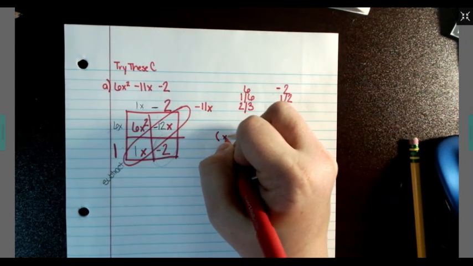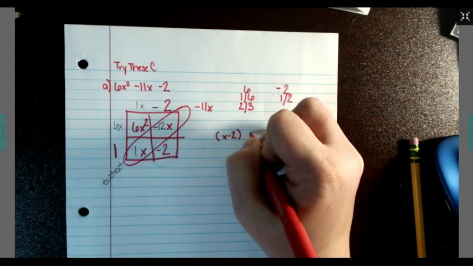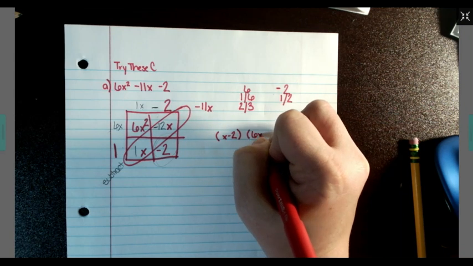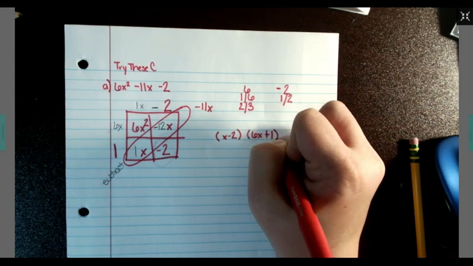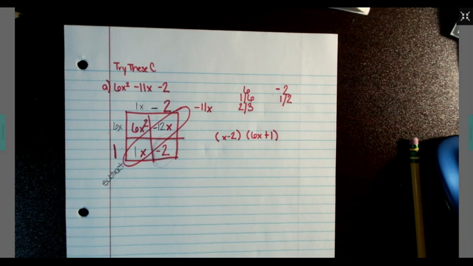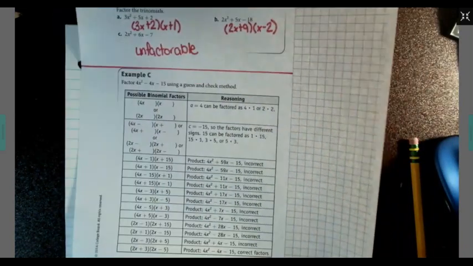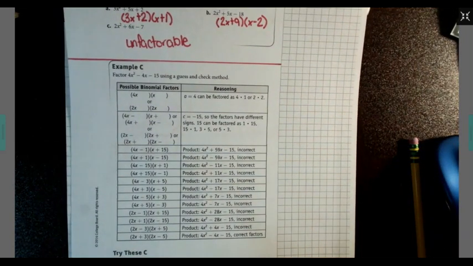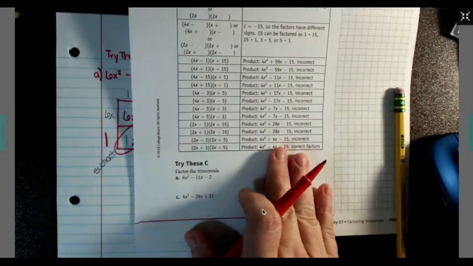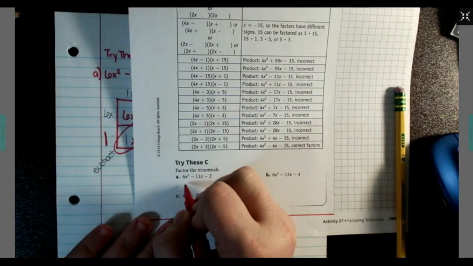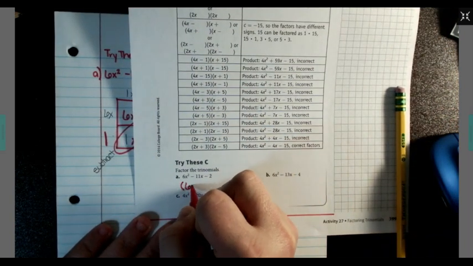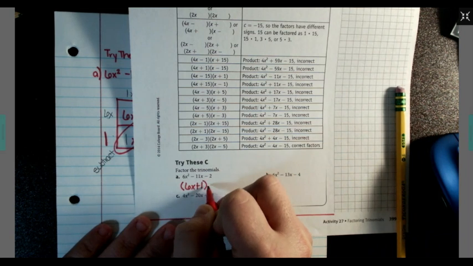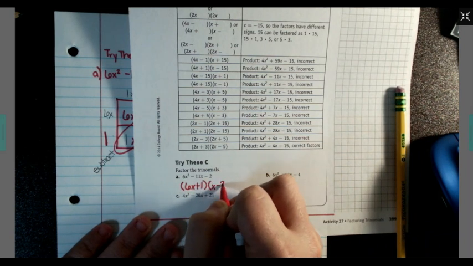This would be x minus 2, 6x plus 1. Just so you know, there will only be one combination that works. So this is going to be 6x plus 1, x minus 2.